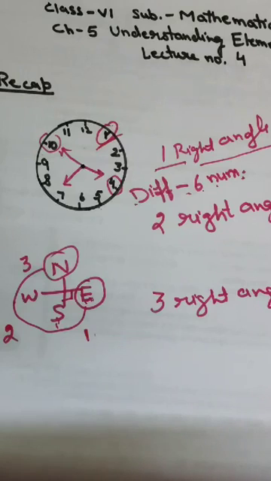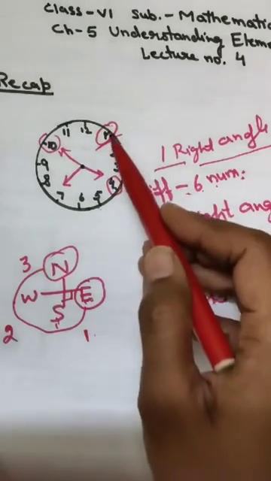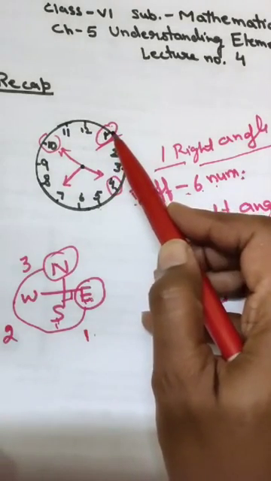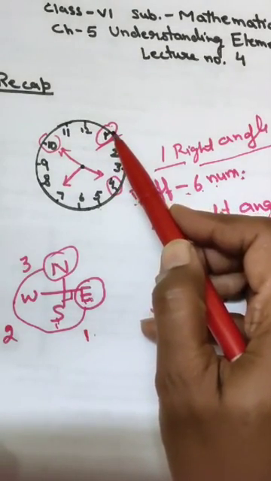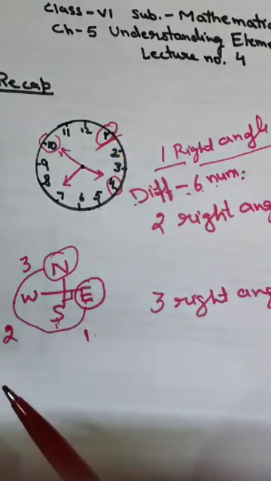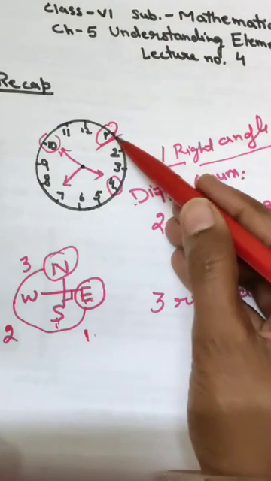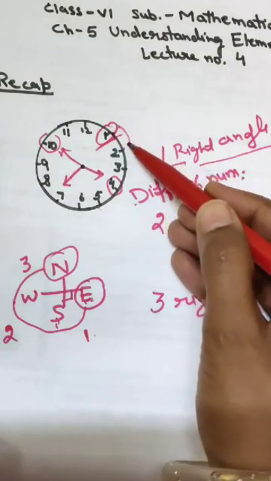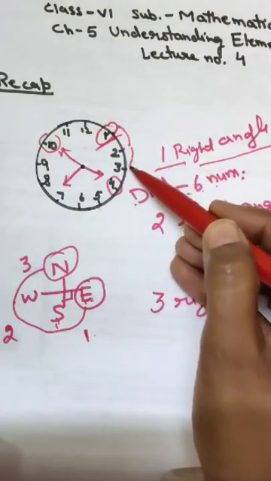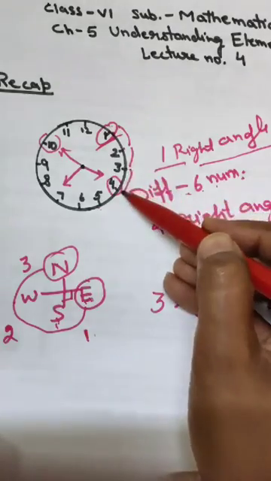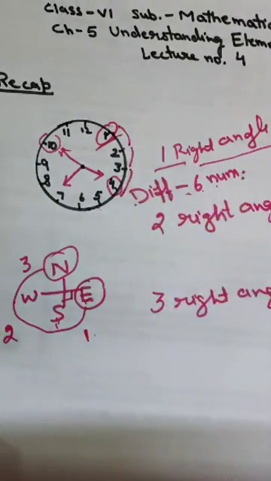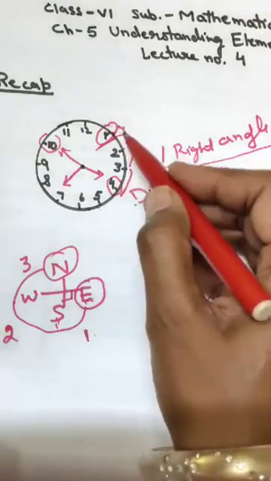So if our hand is at 1 and it is asked that if it makes 2 right angles, where will it stop? From 1 to 2, 1 number, 2 to 3, 2, and 3 to 4, 3. Up to 4 it is making one right angle.